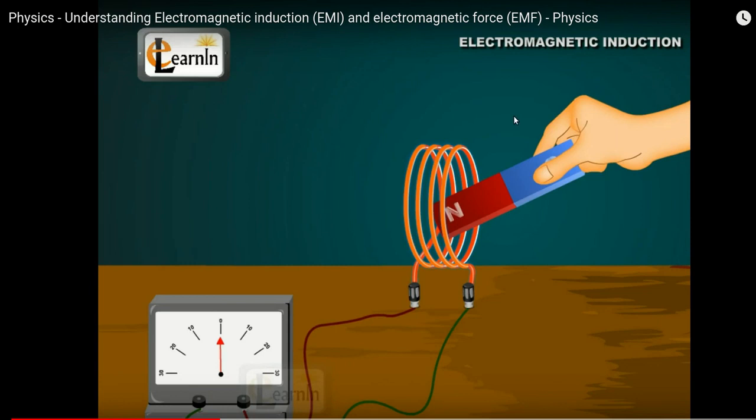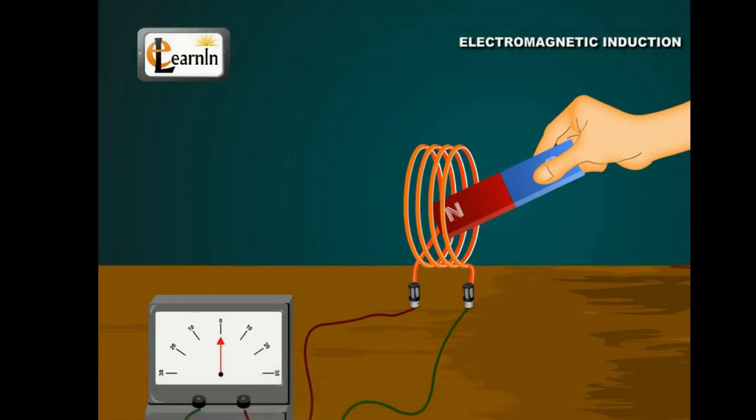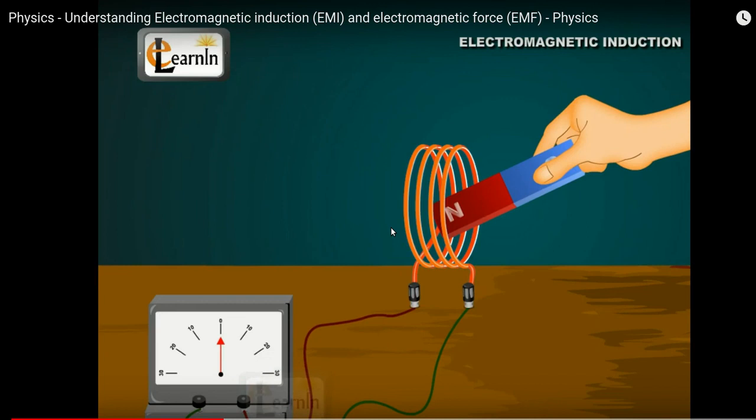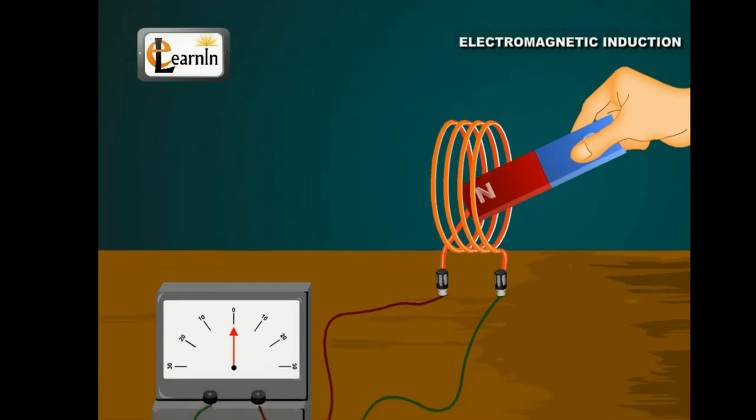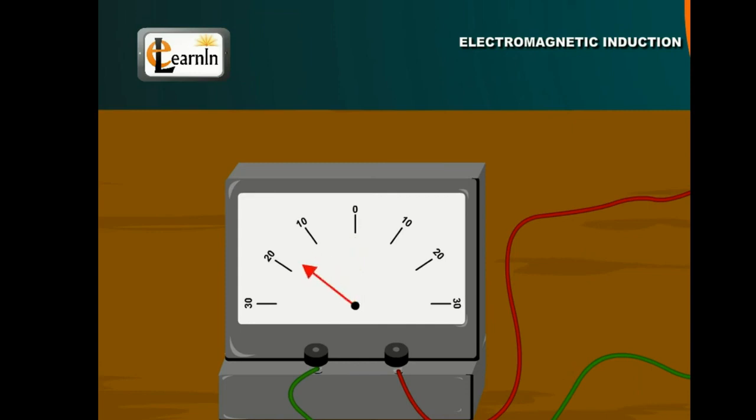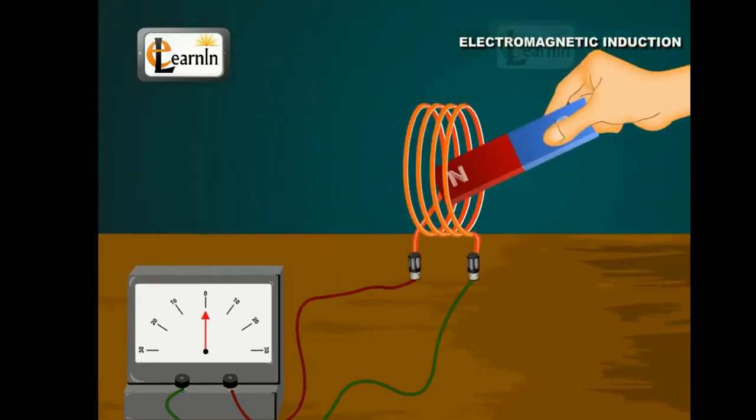As you can see, this person is bringing a magnet into the coil. When he brought the magnet into the coil, there was some movement, and the galvanometer showed some deflection, right? This deflection means that a current was induced.